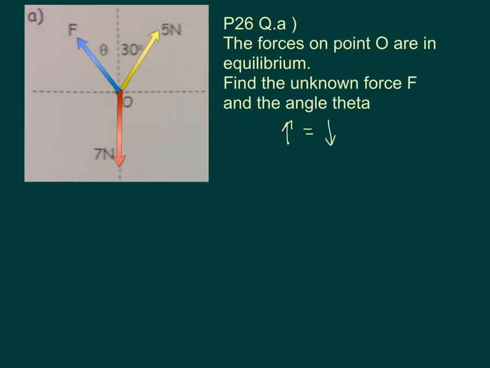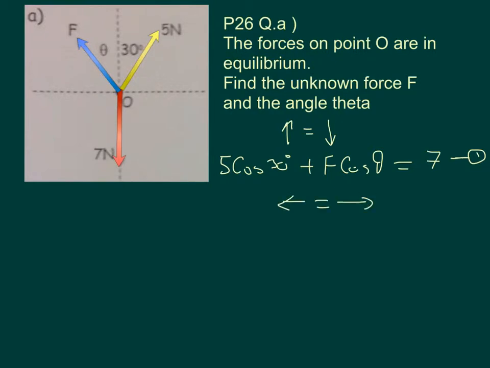So upward forces equal downward forces since it's in vertical equilibrium. So 5 cos 30 added to F cos theta will equal the downward 7 newtons. And we'll call that equation 1.